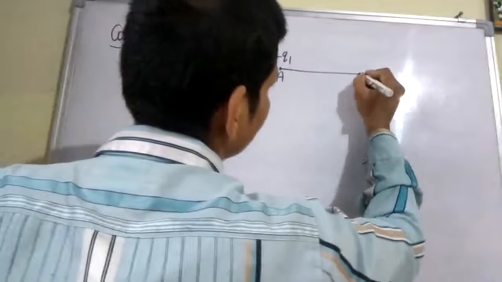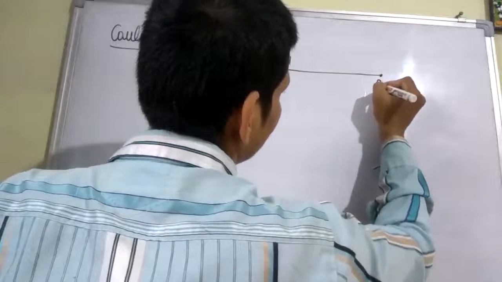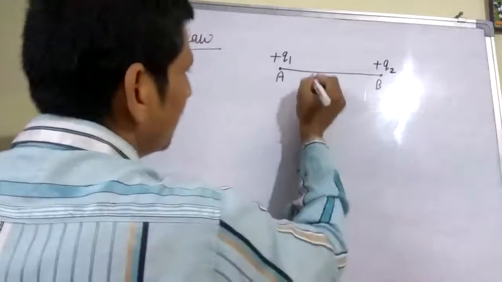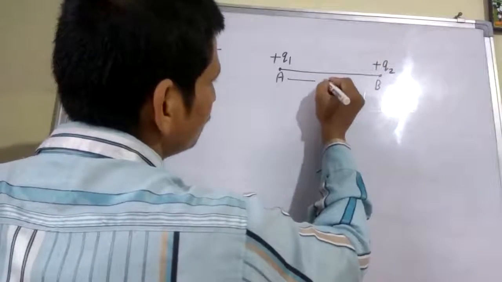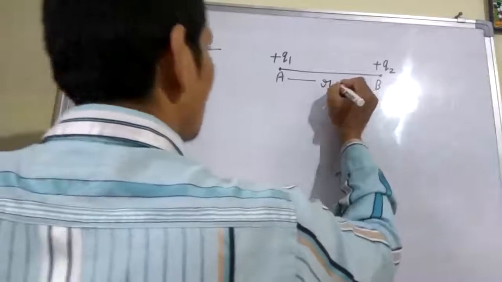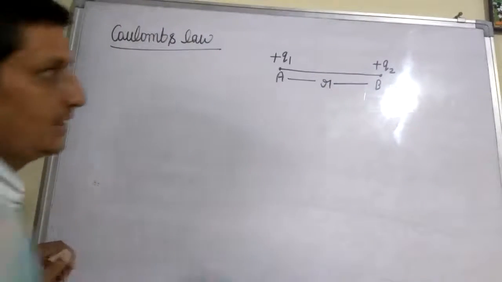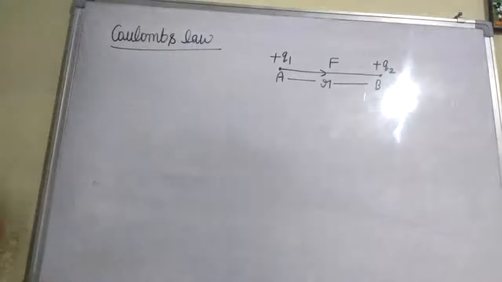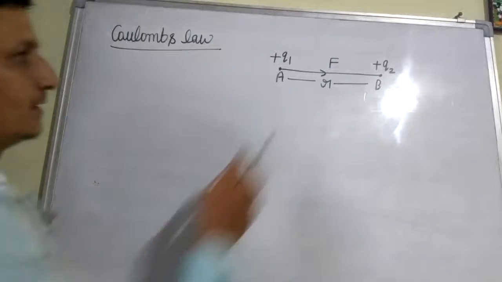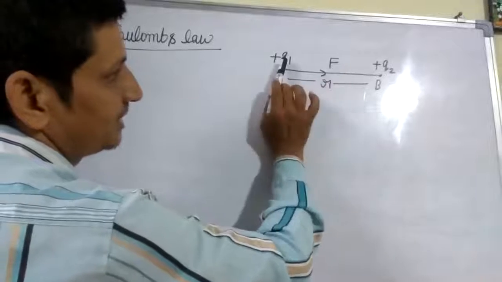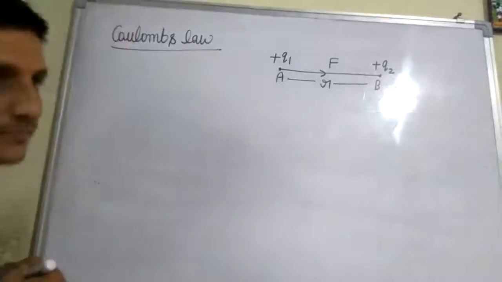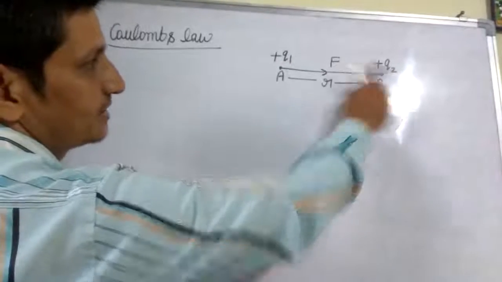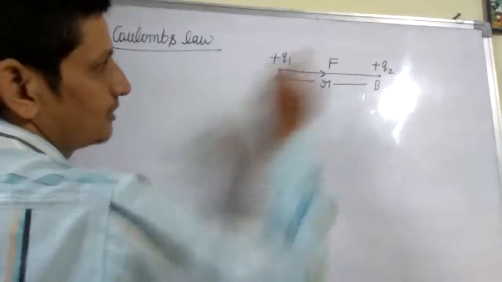Other point is B, containing point charge Q2. And distance between these 2 point charges is R. And electrostatic force is F. So we can say the electrostatic force acting between 2 point charges is directly proportional to the product of charges.